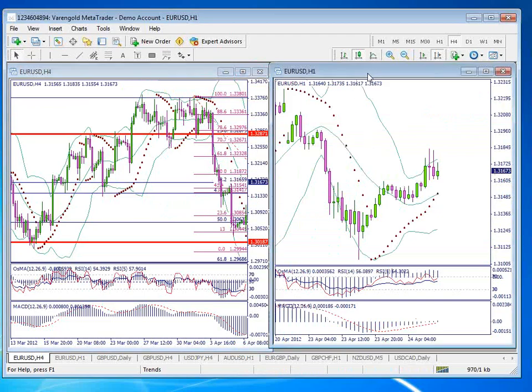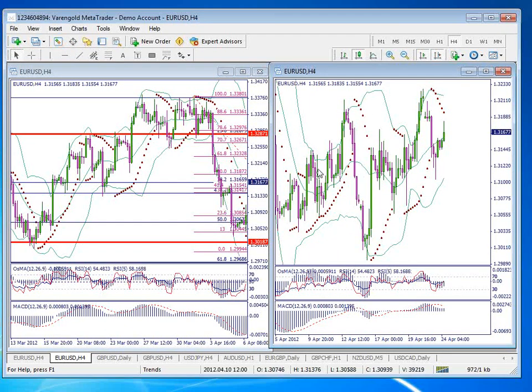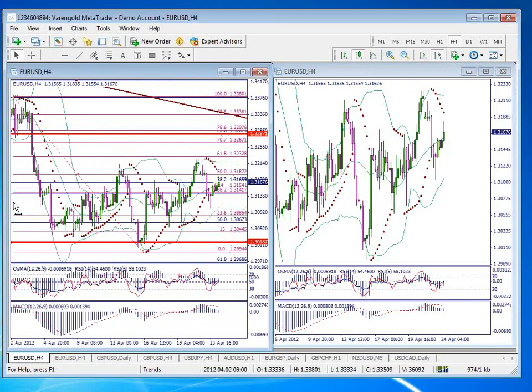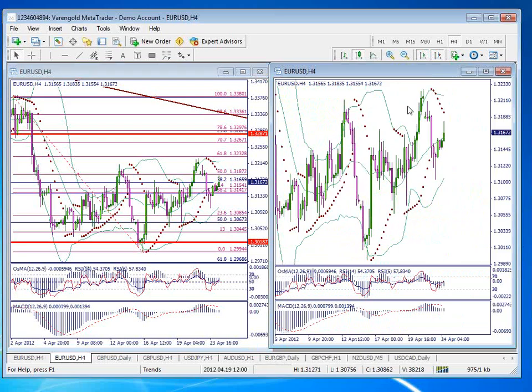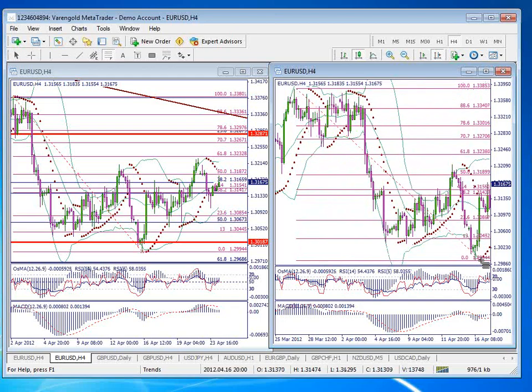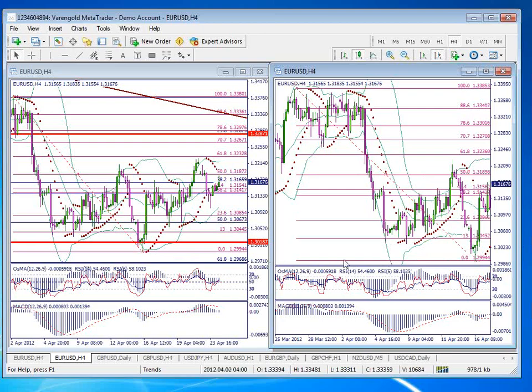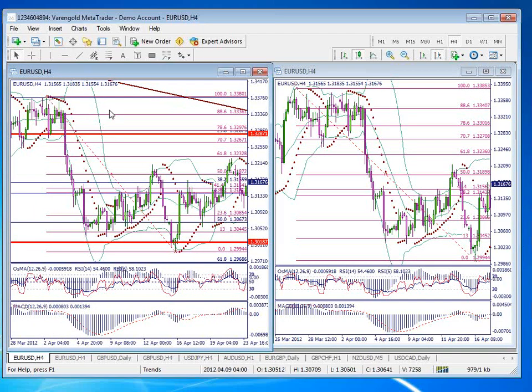We will make the same settings for the second chart, because I want to follow the same levels.